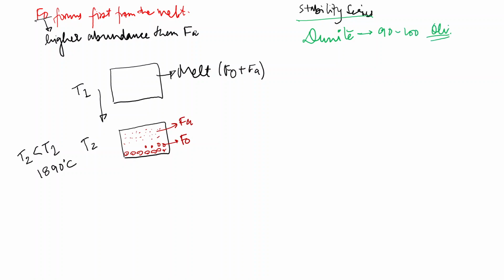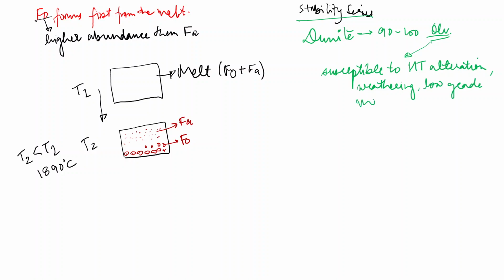But this rock is very unstable, because olivines are susceptible to hydrothermal alteration, weathering, and low grade metamorphism. Okay, now what happens here?